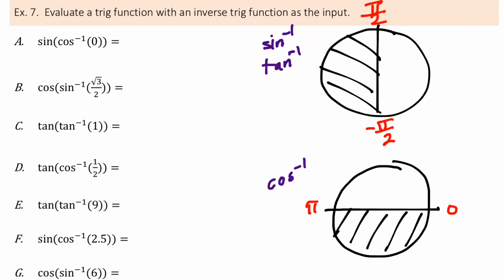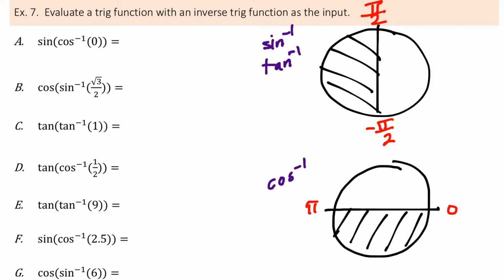So on this problem, what we're doing is we're evaluating sine, cosine, or tangent at the angles which are defined by an inverse trig function. All right, so in the first one, the inverse cosine of 0 is the angle whose cosine value is equal to 0. So I'm going to go down here and use this one here for the inverse cosine, my allowable angles.